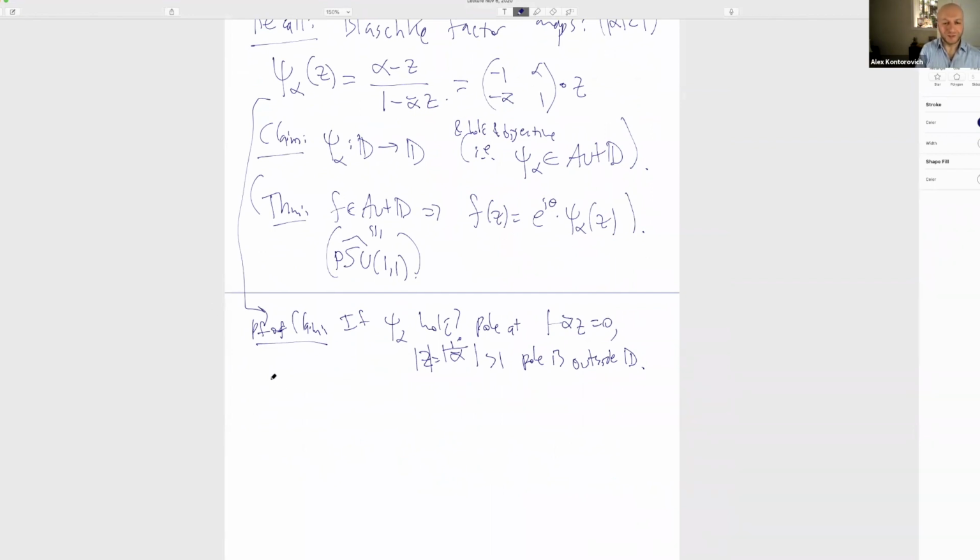Is it bijective? So what's the inverse map? You can read it off the matrix. I switch these two, I negate these two.